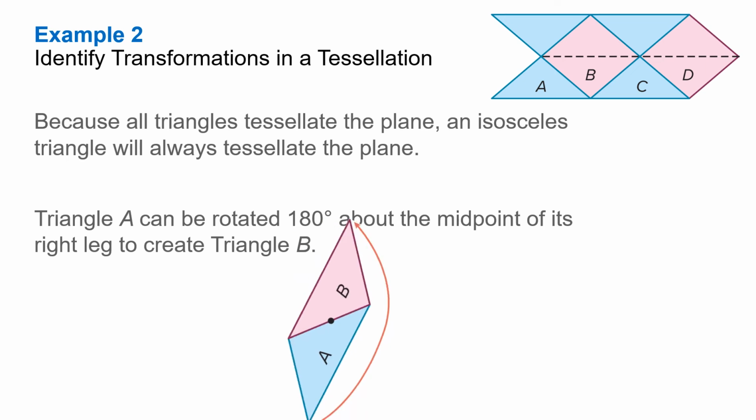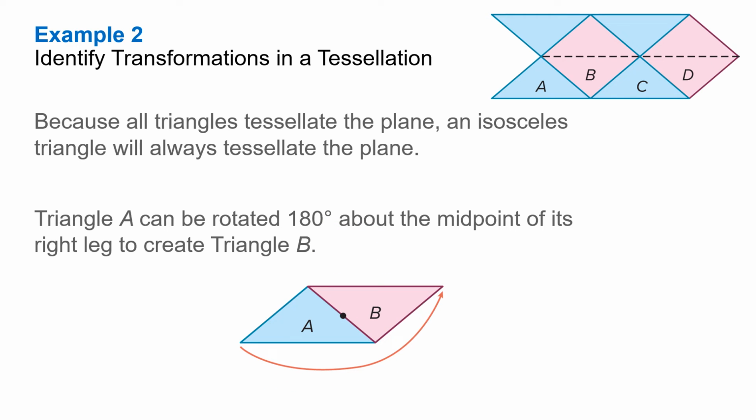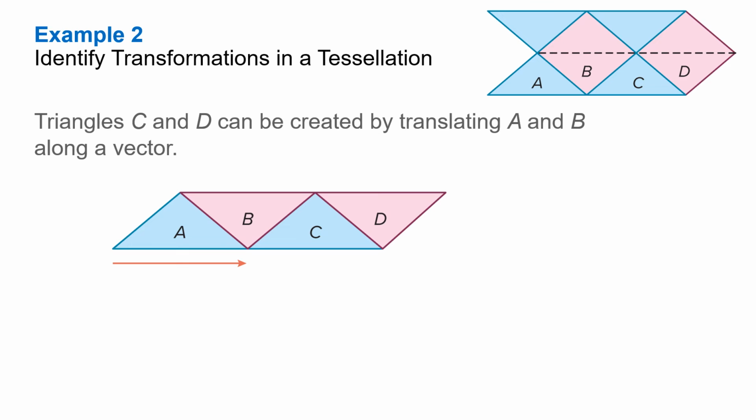So if we rotate it around, we end up with triangle A down here and triangle B here. In order to create triangles C and D, we can translate AB along this vector, and it will create triangles C and D.